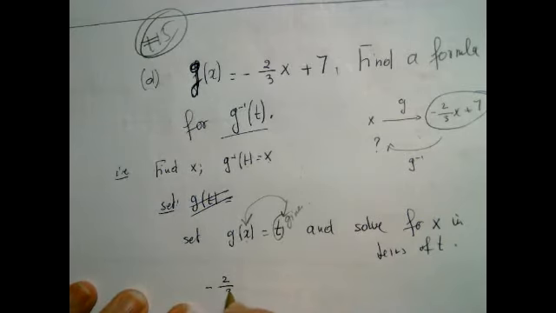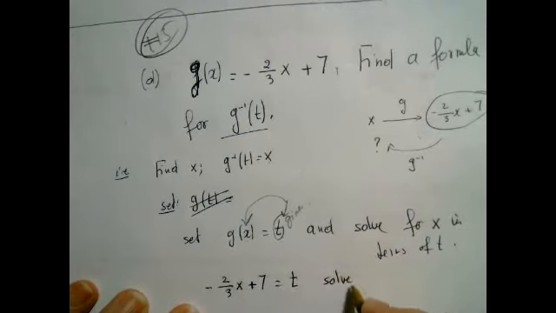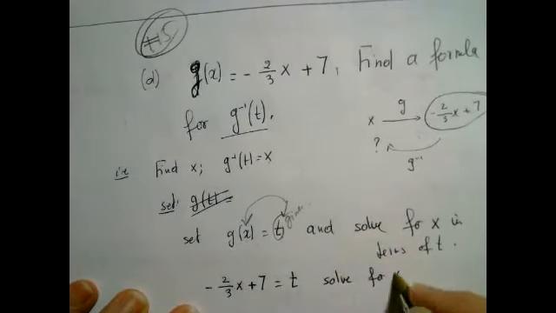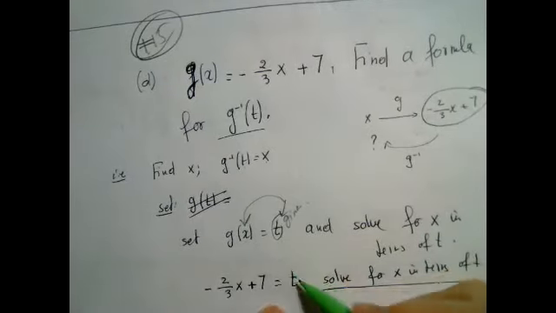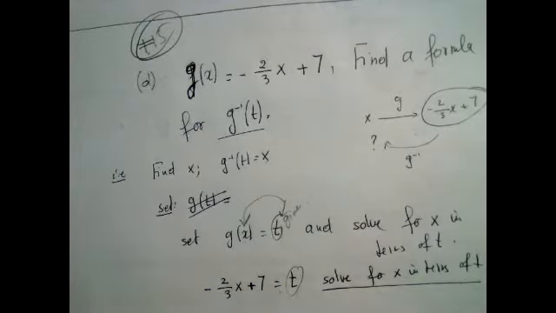It means I want to set this plus 7 equal to T, and that's important. We're solving for X. X is my unknown in terms of T. I know my output, and I want a formula that will give me the input in terms of the output.